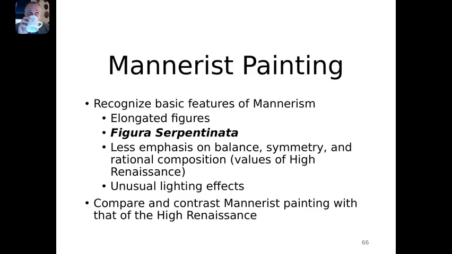It tends to be overly decorative in some areas, with lots of elongated, swaying forms, like the figura serpentinata, or the snake-like figure. We'll see that appear in a number of pieces. Lighting is kind of weird. So again, we're trying to get more of an emotional reaction from the viewer rather than presenting nature in an accurate way.